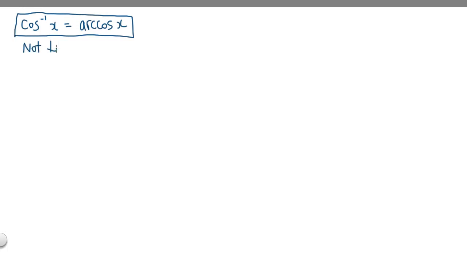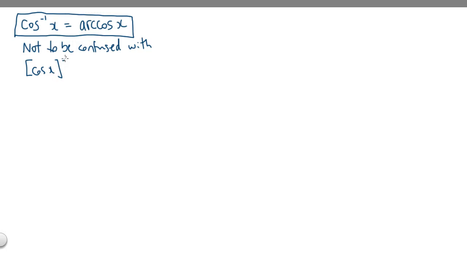If we see an expression like cos to the -1 of x, notice that the -1 is on top of the trig function itself, meaning this is an inverse cosine function, or we could also write arccos x. So this is not to be confused with a similar looking function.